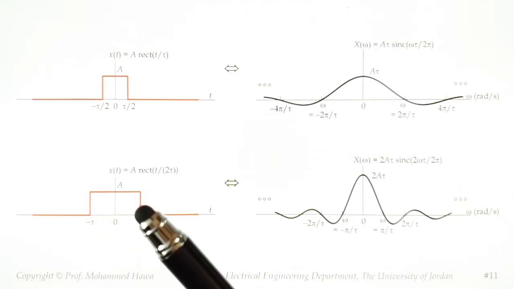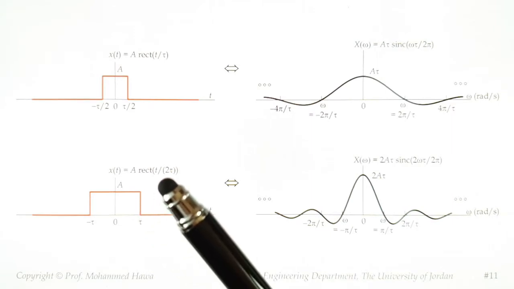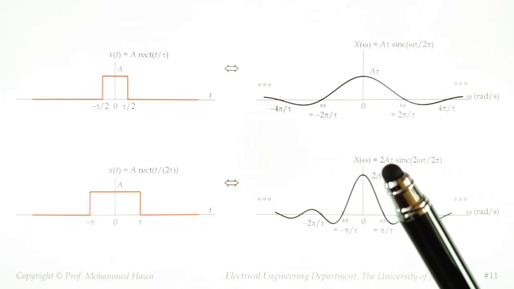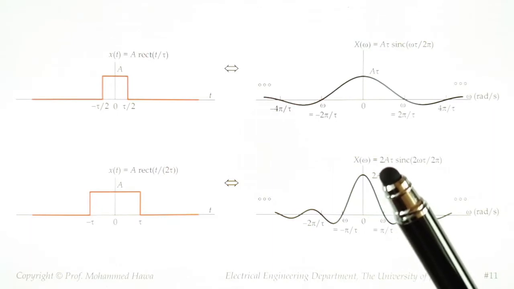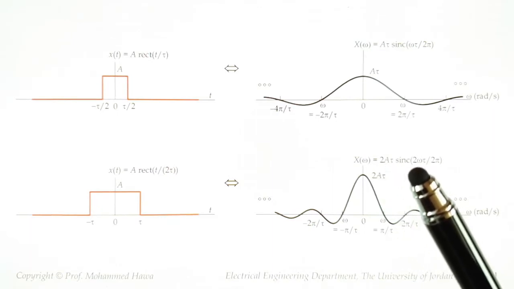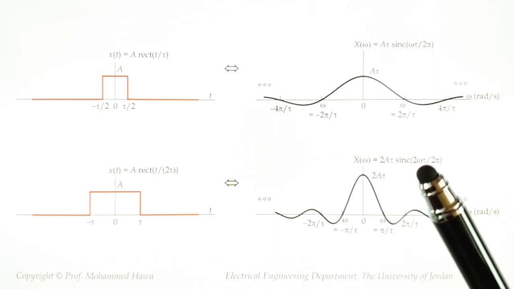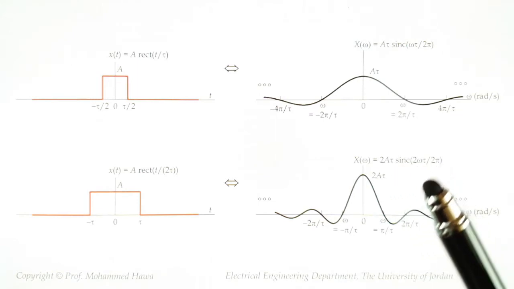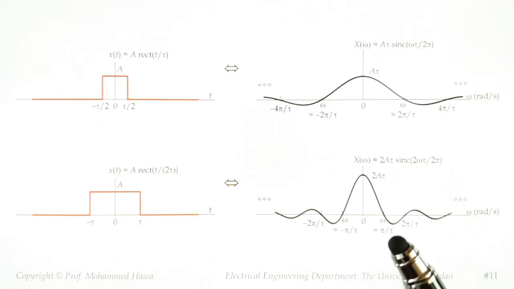I stretched the pulse width in time domain. What is the answer? You're gonna say from the time scaling property, I have to multiply now by 2 tau here outside the sinc, and also inside the sinc multiply omega by 2 tau, as you can see here. What are you going to get? You're going to get a sinc shape again, but because of this term, the first null happens at pi over tau.